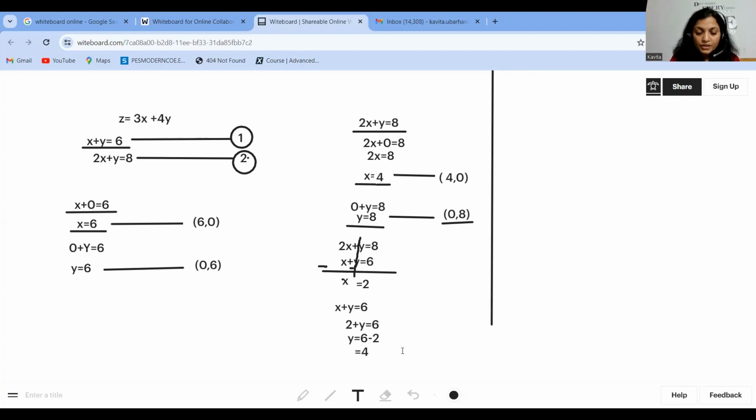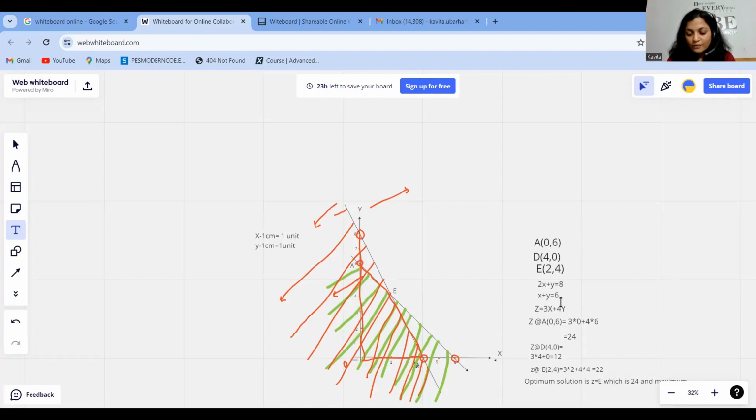So your point of intersection for point E is 2 on the x-axis and 4 on the y-axis. We call it E. E is equal to (2, 4). Here on this window I have already taken E as (2, 4).